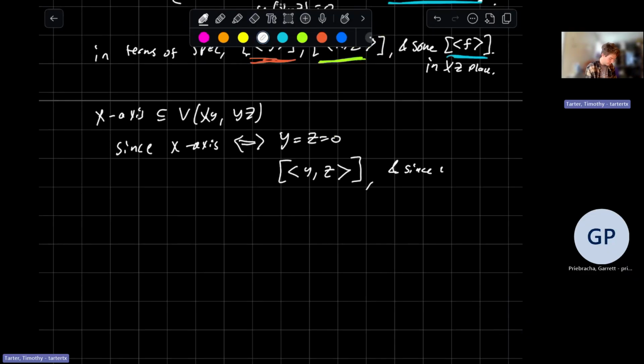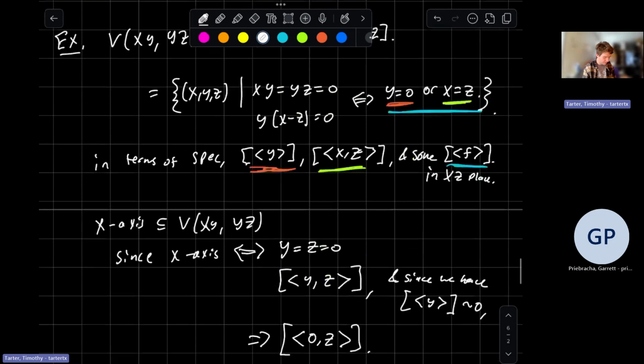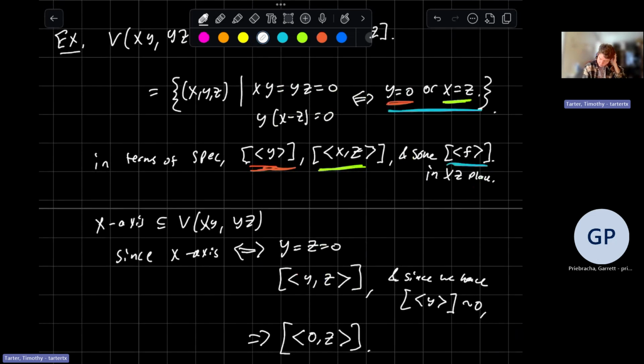And since we have y corresponding to 0, that means that z must also correspond to 0. Does that make sense in terms of that construction?